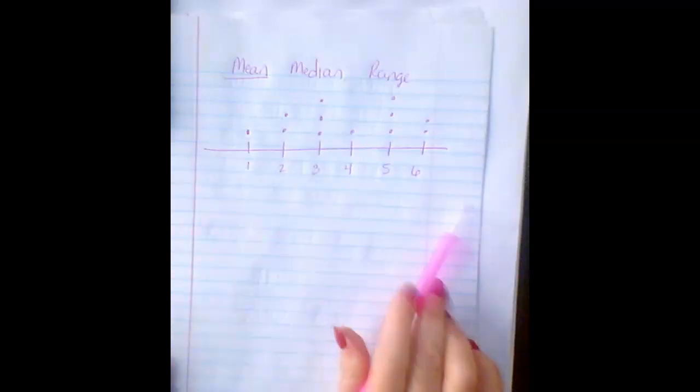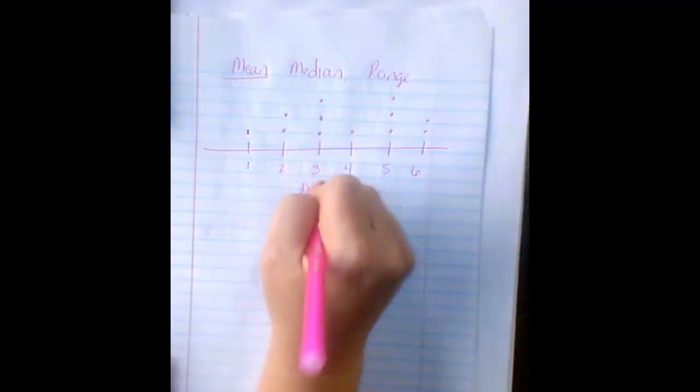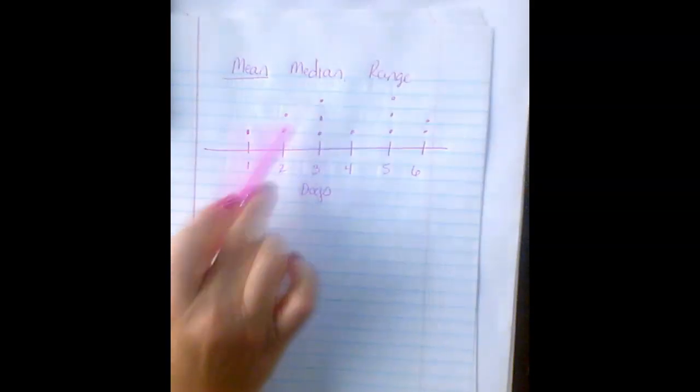Each dot represents something. So if this was dogs, the number of dogs that someone has. One person has 1 dog. 2 people have 2 dogs. 3 people have 3 dogs.